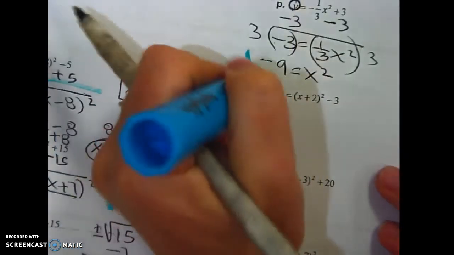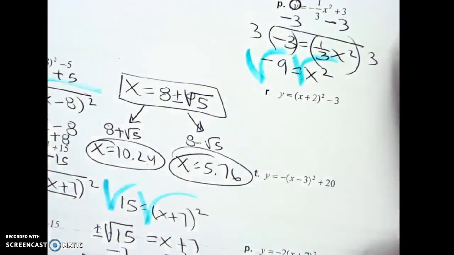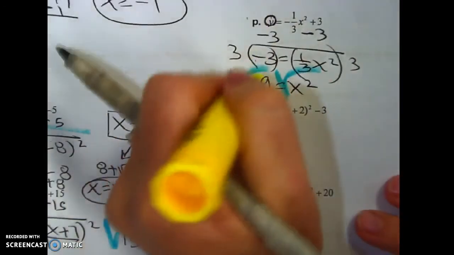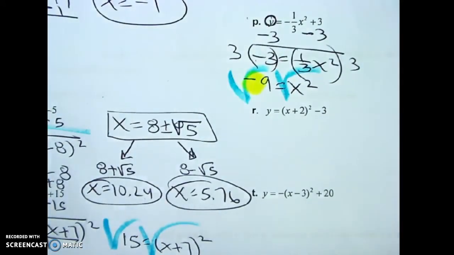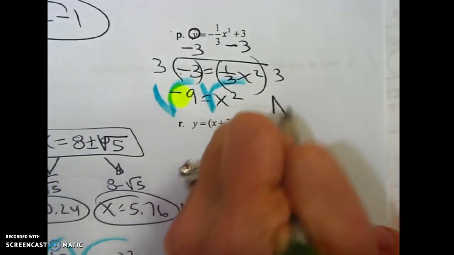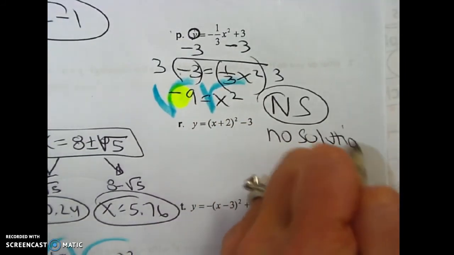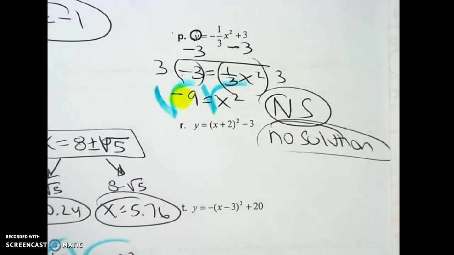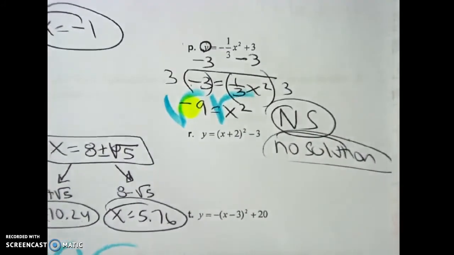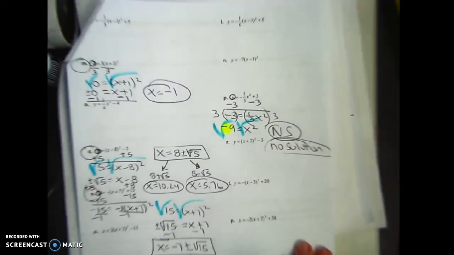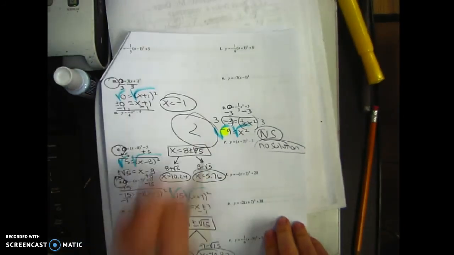Square root, square root. Now I went over this one because if you have a negative inside when you square root, it's not possible. The answer is NS, which is no solution. Okay? Your job right now is to finish this page.